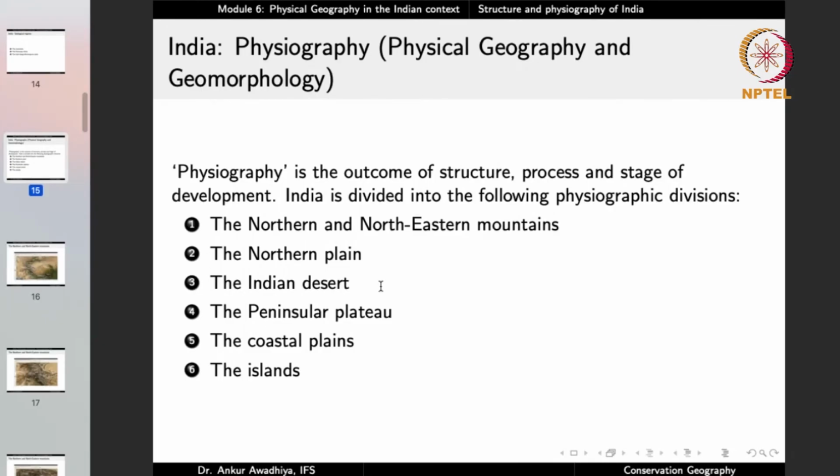Next we have the Indian desert. Now the Indian desert again is a very flat area full of sand, and it is a very dry area. And it is dry primarily because the hills of this area, the Aravalli hills, are oriented in a southwest to northeast direction.